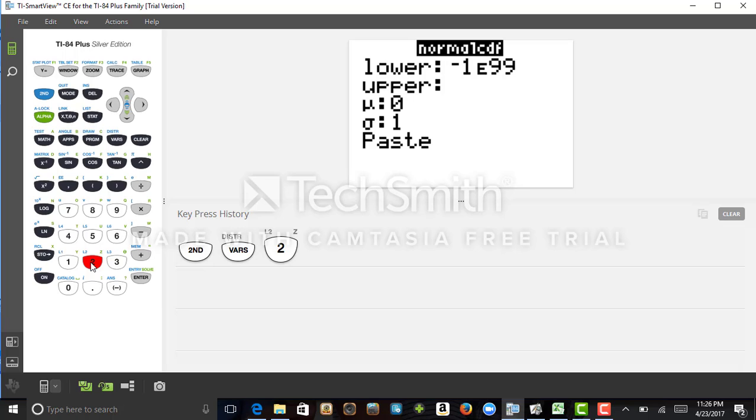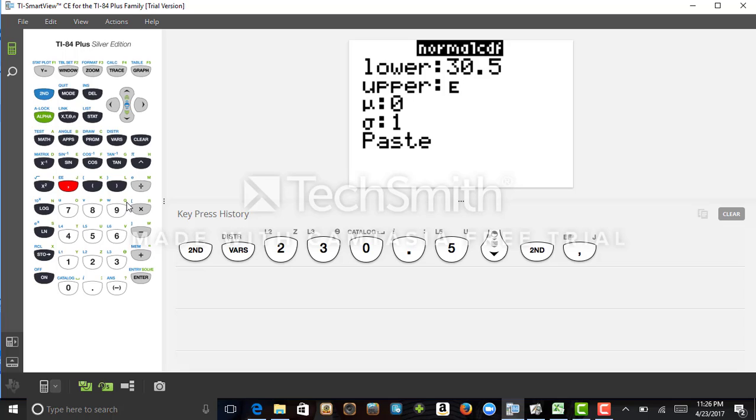But since we're doing greater than, our lower value will be 30.5. And the upper bound is positive infinity. Positive infinity in your TI-84 is E99, so that is second, comma, 99.